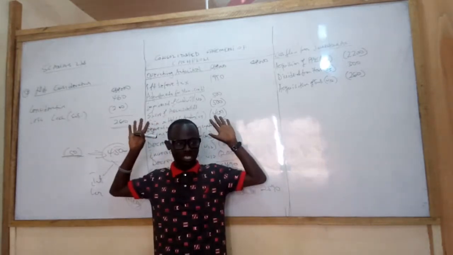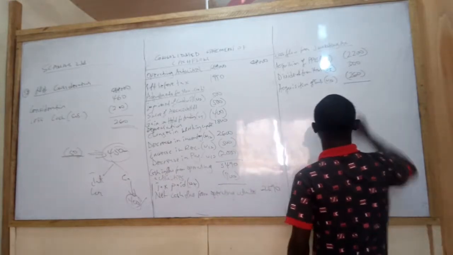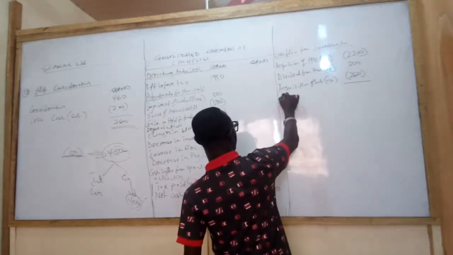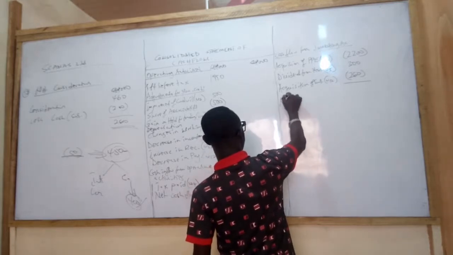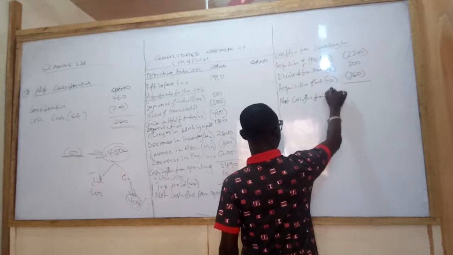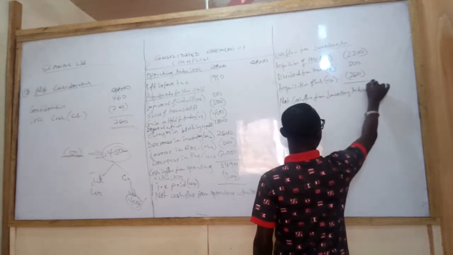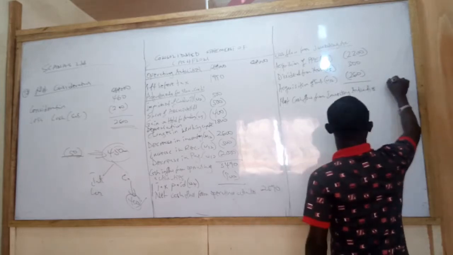So here, no percentage. So let's go for it. Give me total here. That will be net cash flow from investment activities. Positive.